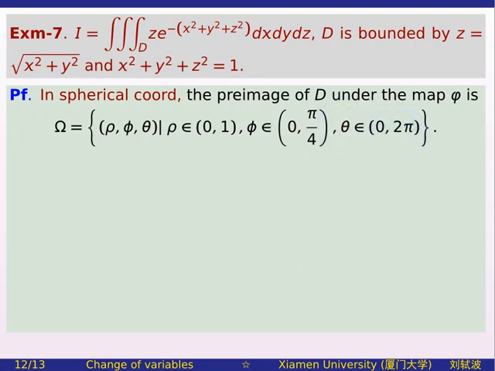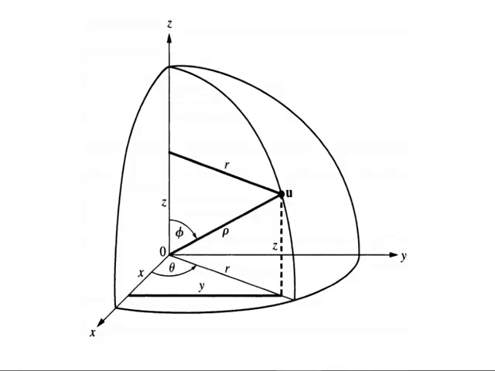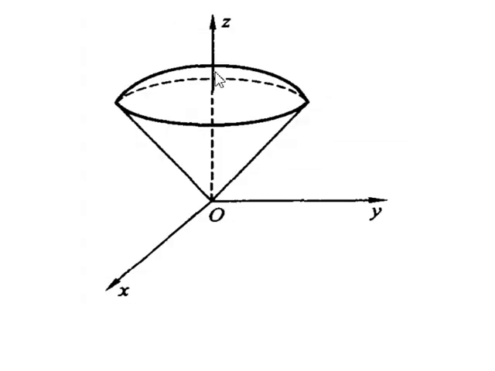How about phi? Phi is the angle between the z-axis and the points in the domain. In our domain, phi equal to 0 corresponds to the upper z-axis, but the maximum phi is the boundary, when the point reaches the cone.